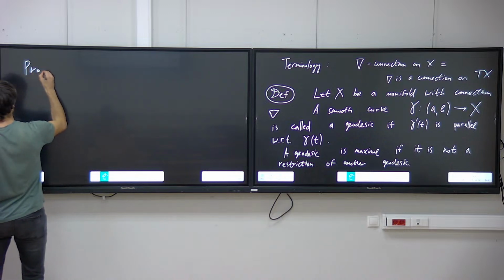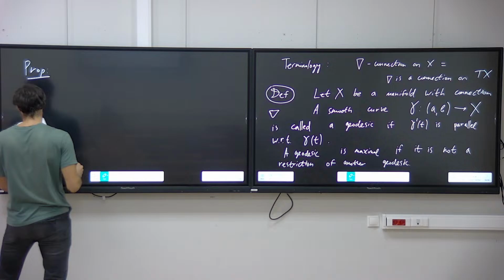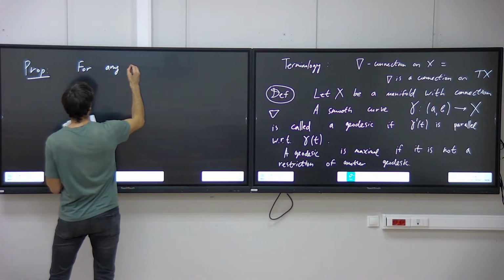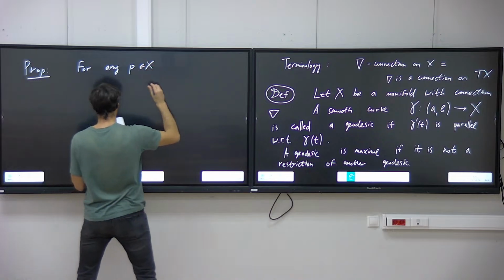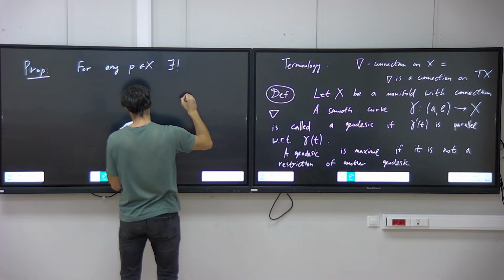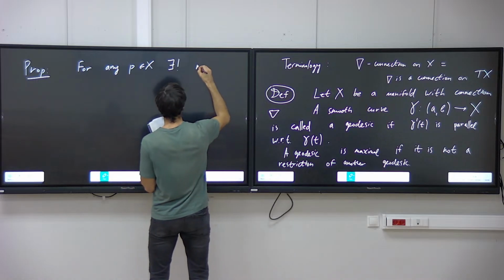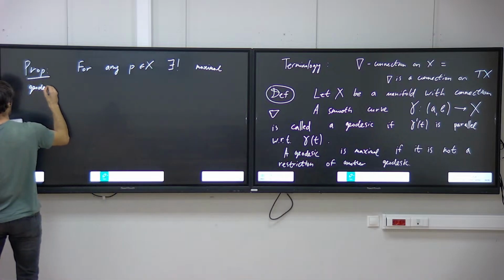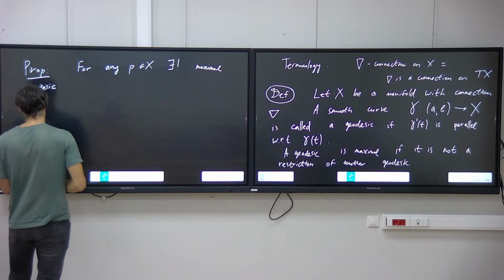Proposition. For any p in X, there exists a unique maximal geodesic gamma.